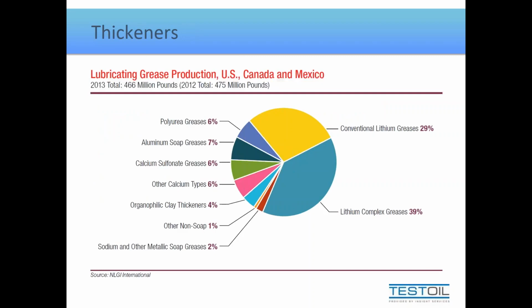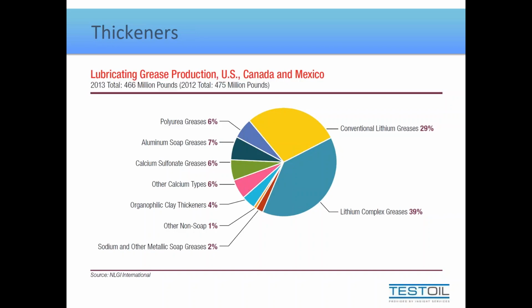And you see it's kind of split into two categories, conventional and complex, which I'll get to on the next slide. But when you look at the other non-soaps, that's only 1%, and the clays are 4%, and the polyureas are 6%. So that's not much of the North American market. We predominantly use lithium. If not lithium, we tend to lean towards the calciums and aluminums.